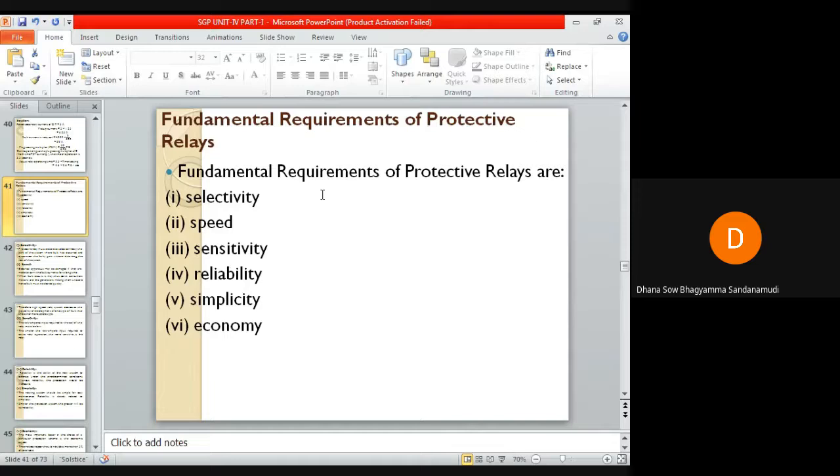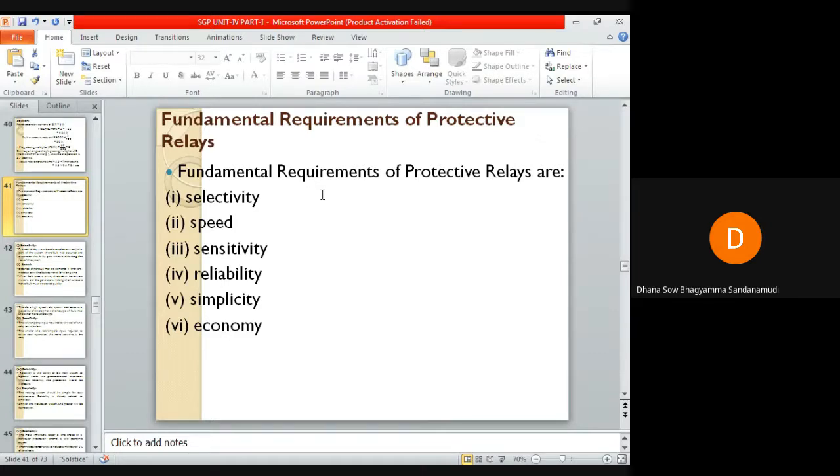Next is sensitivity. The volt ampere input required by the relay coil must be low. You already know, we have discussed the basic relay operation. In that, whenever the relay coil is energized, what will happen?